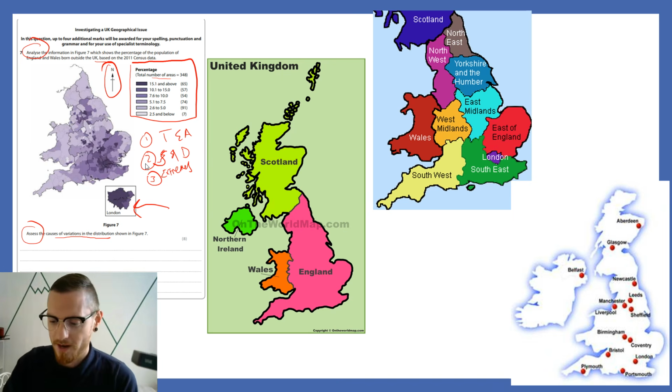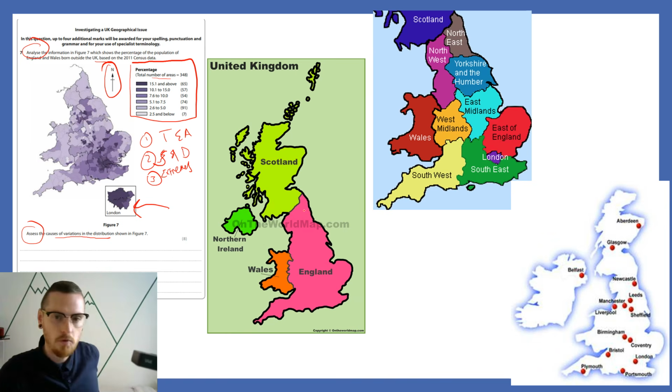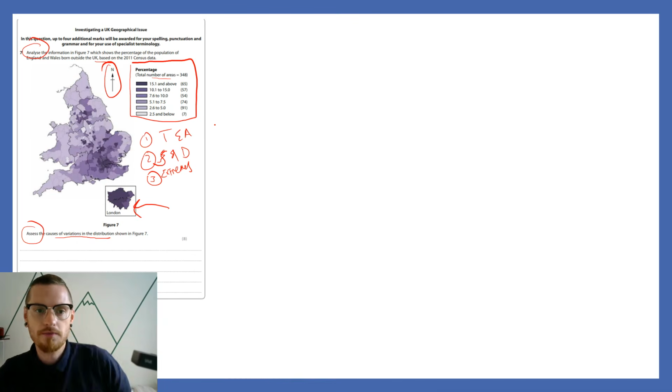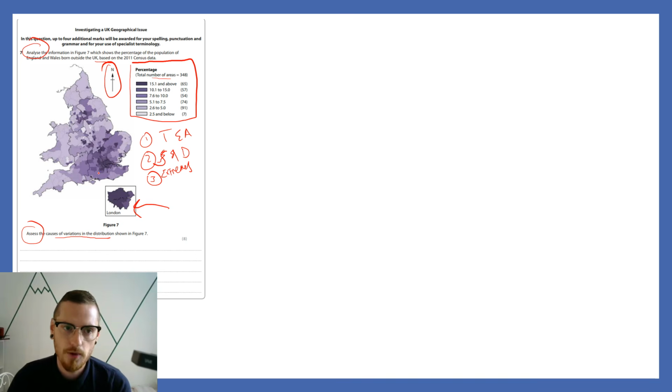Celebrity appearance there from Quinn Eden himself. Right, so once we've deconstructed, little Quinny has moved me on. This question was done poorly, and the reason is students struggle to explain the distribution because of their general level of UK geographical knowledge.